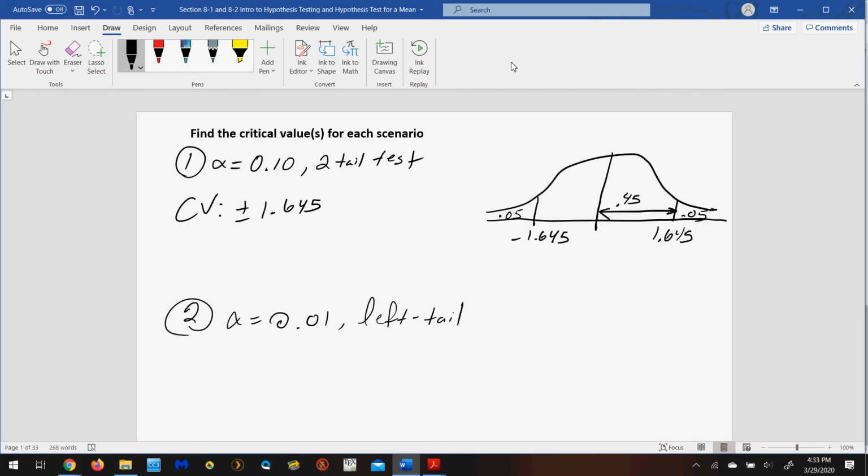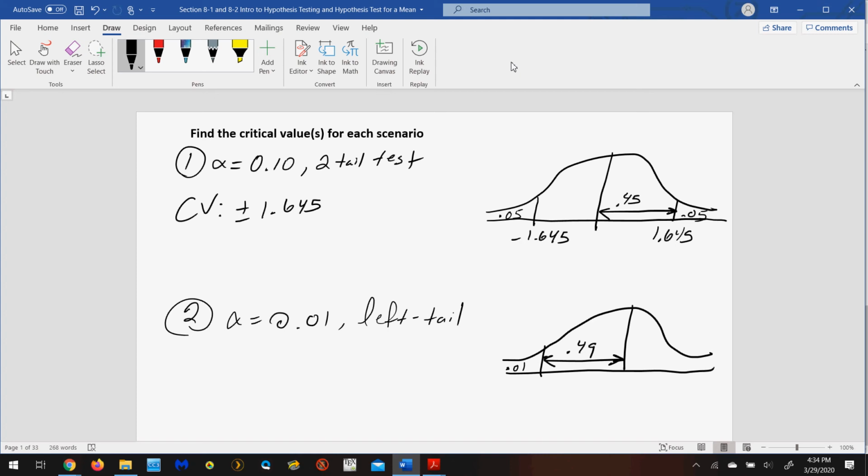Now I have a left tail. What that means is I have my cutoff on the left side somewhere. I don't care where it is, just give yourself some space to be able to write. Alpha is how much you have in a tail or tails. So here it would be 0.01. To figure out the leftover, you would take 0.5 minus 0.01, which gives you 0.49.